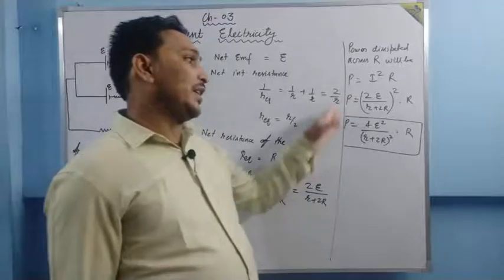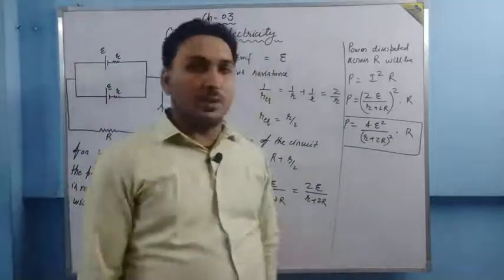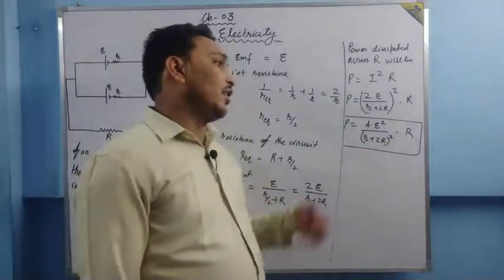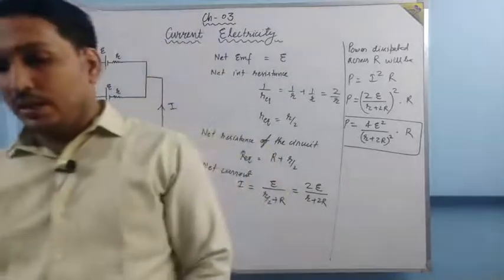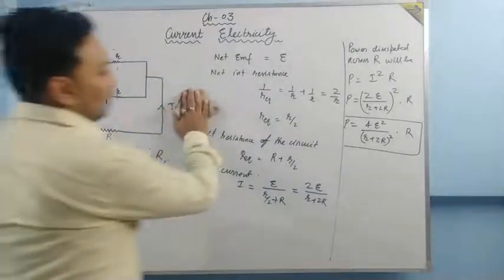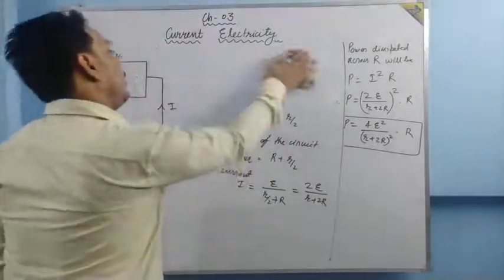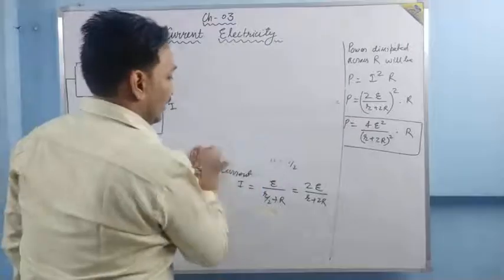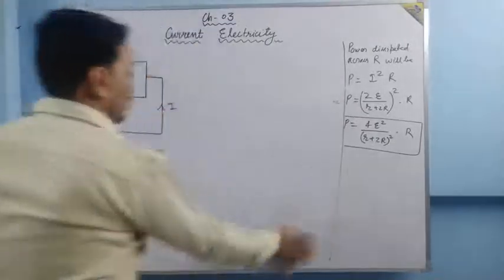Power will be maximum when this denominator will be minimum. And for finding the condition of denominator minimum, I am changing the denominator a bit. A simple mathematical arrangement you can say, and just see how it can be changed.